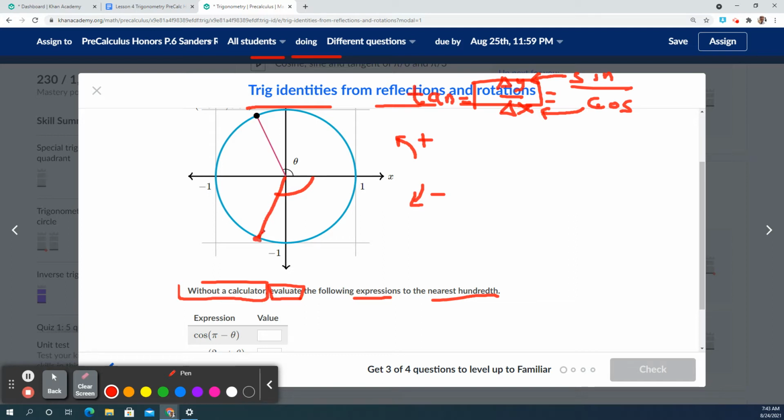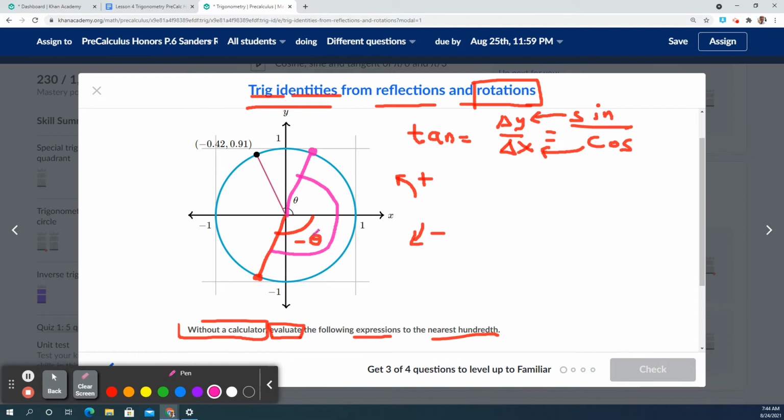So this is the negative theta. And then I'm adding a pi to it. A pi is a rotation into the opposite quadrant, or diagonally opposite quadrant. So then we go back in the positive direction, and we're landing right here.